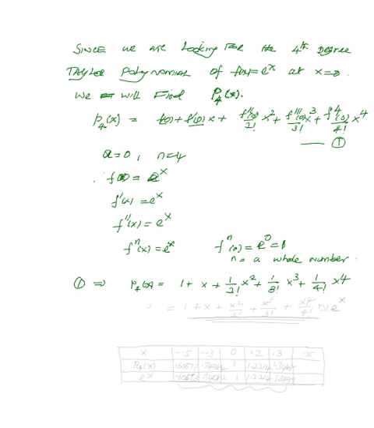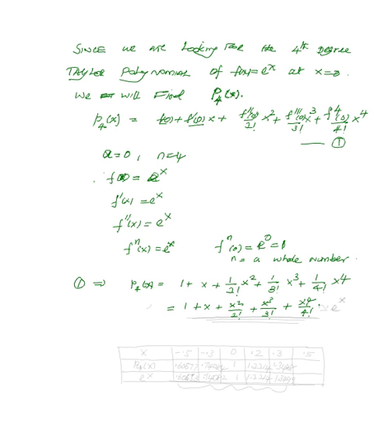If you want, we can even write this expression as 1 plus x plus x squared over factorial 2 plus x to the third power over factorial 3 plus x to the fourth power over factorial 4.